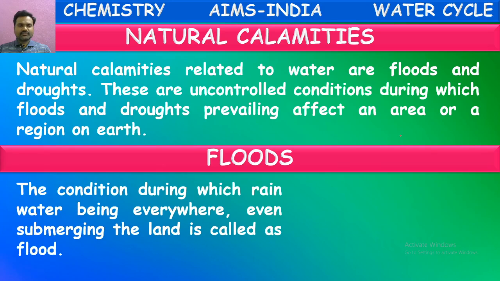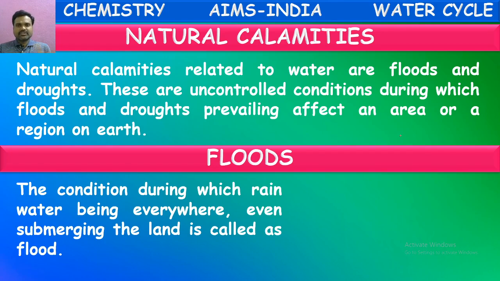About floods, the condition during which rainwater is everywhere, even submerging the land, is called a flood. Yes, sometimes we experience heavy rains. Because of heavy rains, more water will come down to the earth from the clouds.